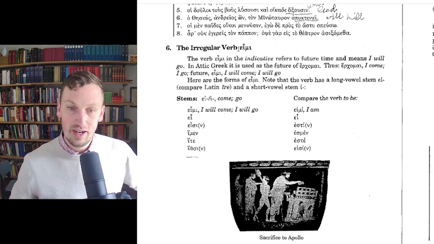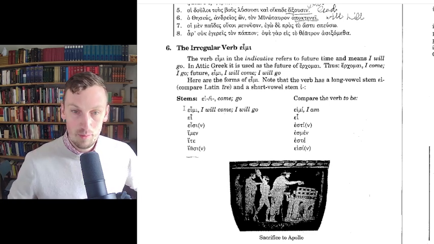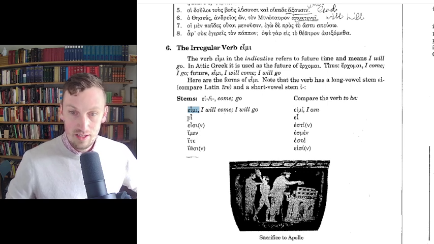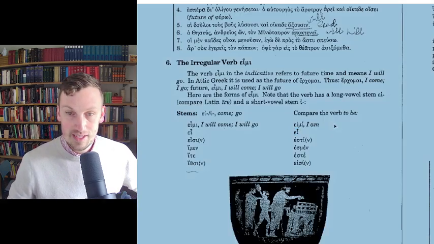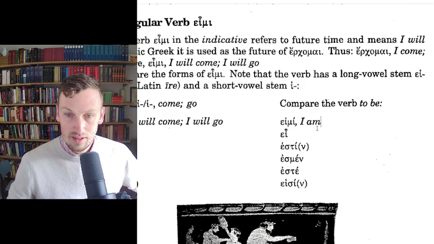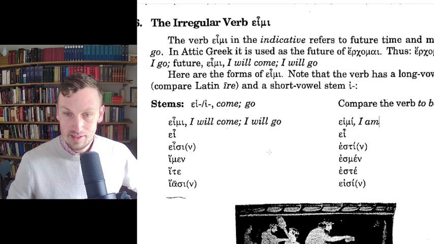So you'll see here, eimi is I will come or I will go, as opposed to eimi without the circumflex. And you will go and you are unfortunately exactly the same. Unless I'm missing something, they are identical. Yes, indeed they are.